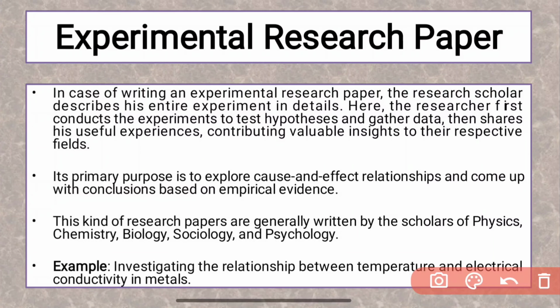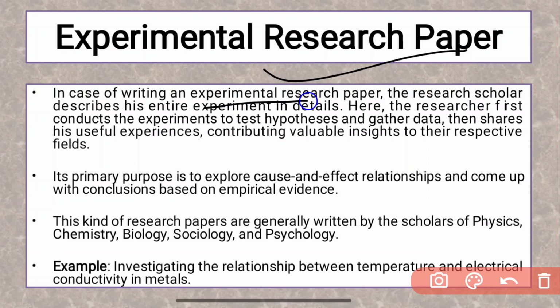Now next kind of research paper is experimental research paper. In this, what happens is you conduct experiments, right, and then write a research paper. Now in conducting an experiment, you need to study the previous literature, right?